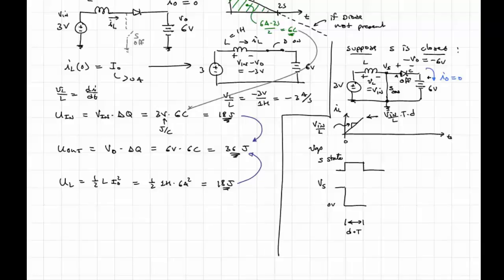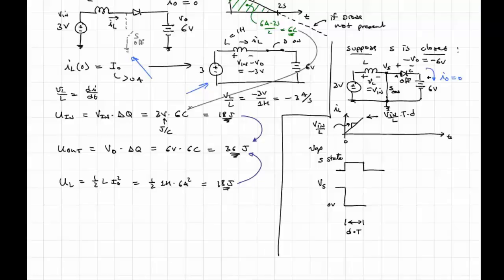Notice that during this time, the current from the input source, the 3-volt source, is the inductor current. So the current from the source is rising, but yet the current going to the output is 0. Now, when we turn off the switch, the inductor current does not change instantaneously. But what will happen is when we turn off the switch, we'll go back to this circuit right here. The switch is off, and now the current is flowing from the input 3 volts to the output 6 volts.